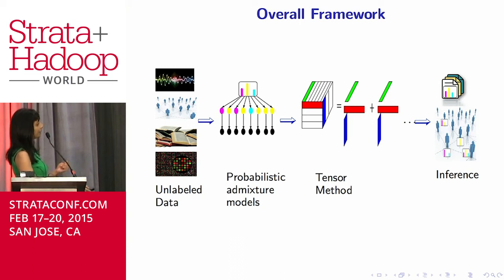So in this example, I've shown that you can infer the different topics in a document, and similarly in the community setting, you can infer the different community memberships of nodes in a network. Right? So if you're only given graph data of which nodes are friends with each other, can we learn the community memberships in an efficient way?